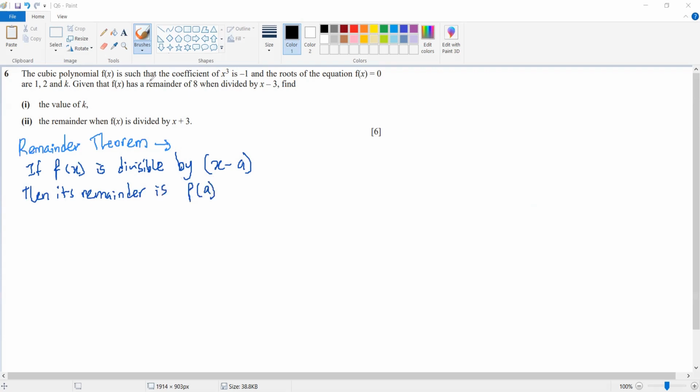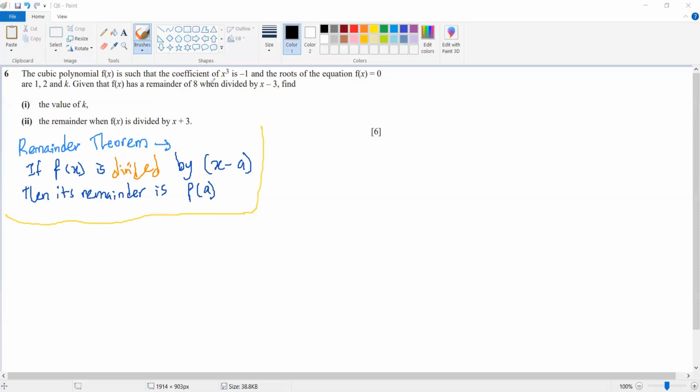Sorry, I was doing the factor theorem earlier. The statement is not wrong, I just don't want it to confuse a person into thinking that there's no remainder. It should be 'divided by', because 'divisible' seems to say that it's perfectly divisible, which is not the case. So if p(x) is divided by x minus a, then its remainder is p(a).